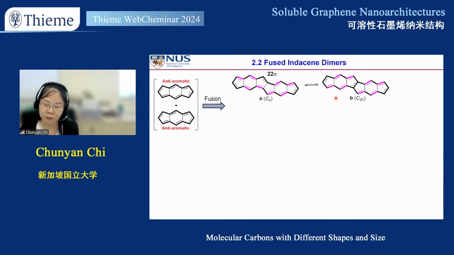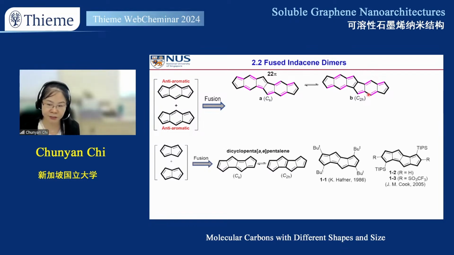And structure B can be considered as two fused s-indacene moieties which share a bond. Actually, fused dimers with two anti-aromatic units are very rare. When I searched the literature, I only found one example, a fused pentalene dimer. So these molecules were reported by Professor Hafner.